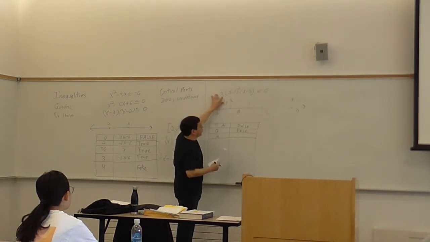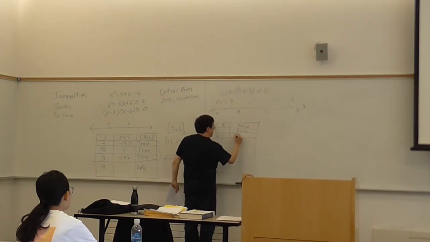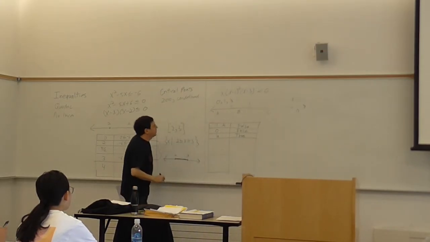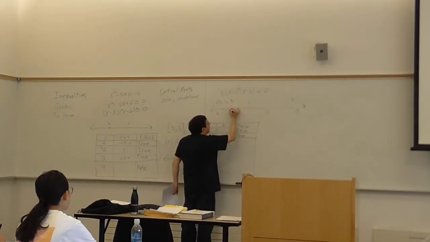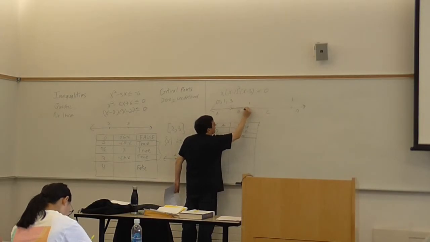One half here, that's also positive. 1/2 minus 3, that's negative. So here I am going to be less than 0 in this region. So I already know I'm not including 0, and I'm going to include this region.